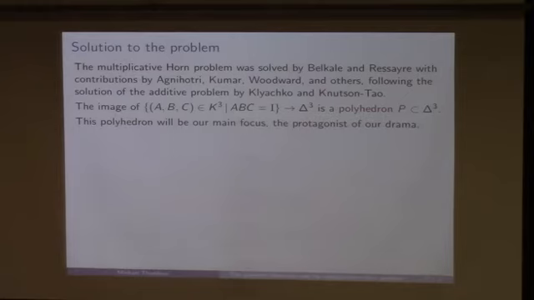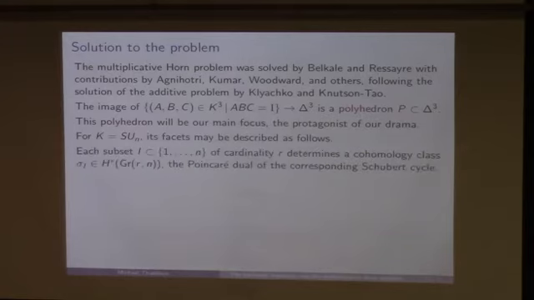Right, let me tell you briefly the solution to the problem, although I'm never going to use it. Because this is the only time that you will see algebraic geometry in this talk, and that's true. We know that any subset of the set of numbers between 1 and n determines a Schubert cycle in the Grassmannian of r-planes in n-space.